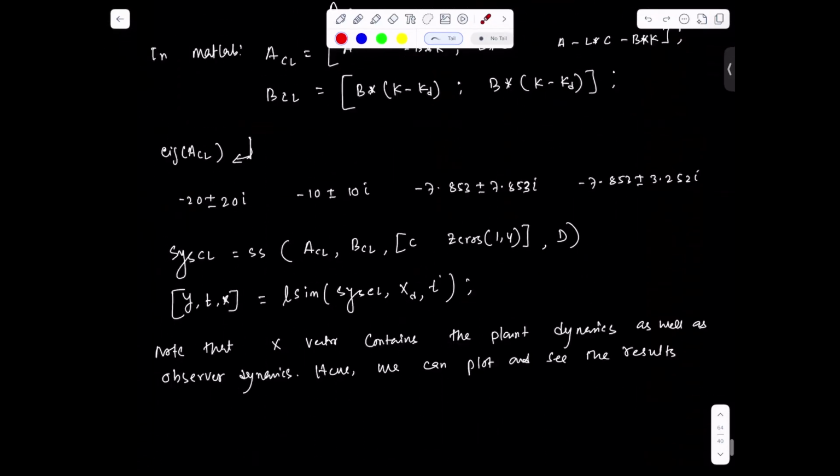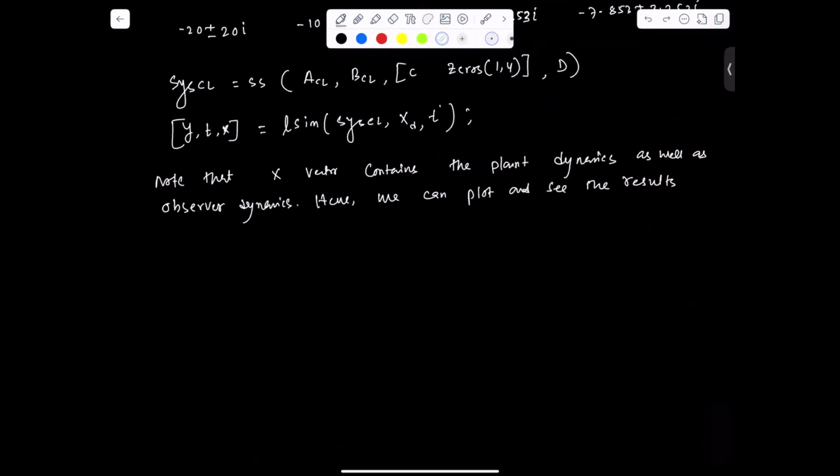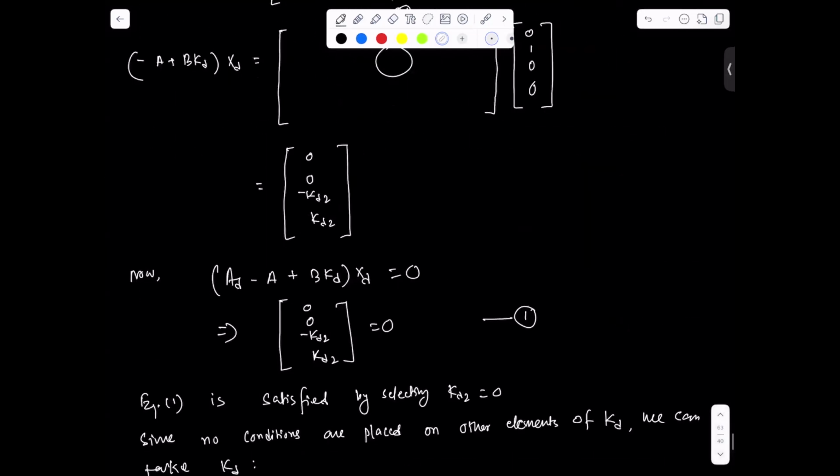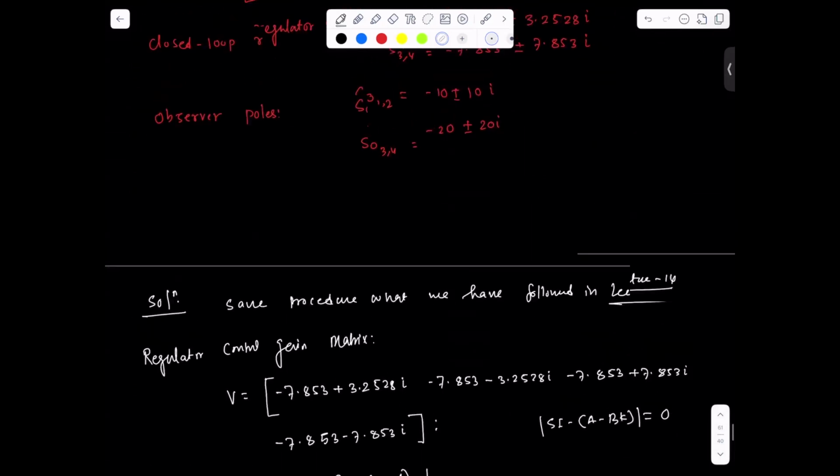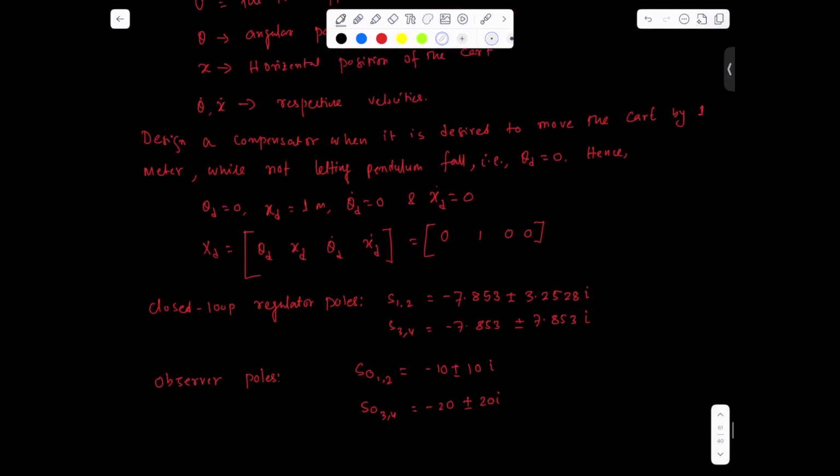Right. So results for theta and x. If you see the state vector x, we have a model like this: theta, x, theta dot, x dot.